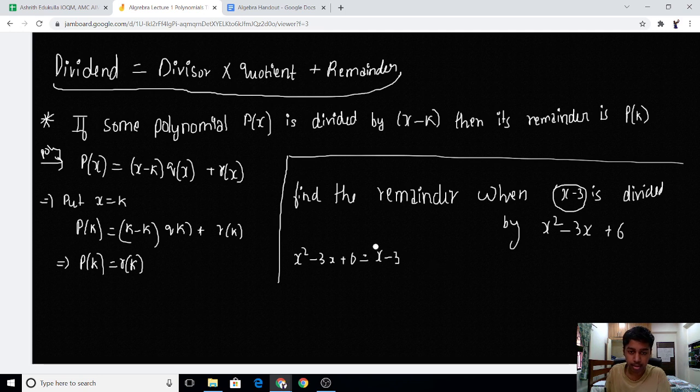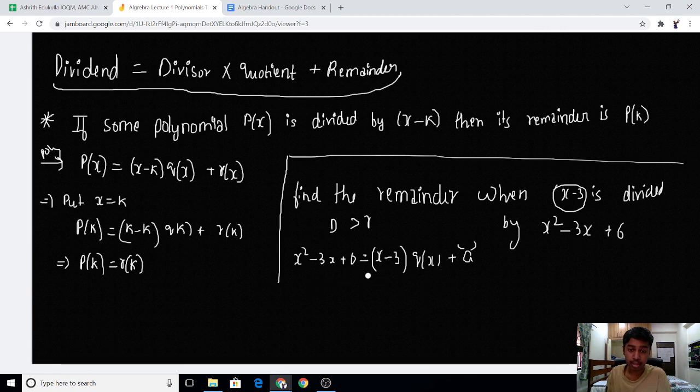x minus 3 into q of x plus a. So what is a here? a is the remainder. As I told you, the remainder is always lesser than the divisor. So if I have the divisor x minus 3, then the remainder has to be a constant.